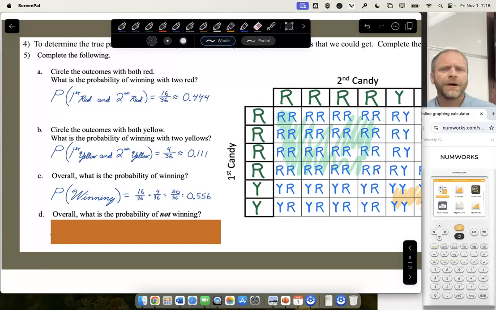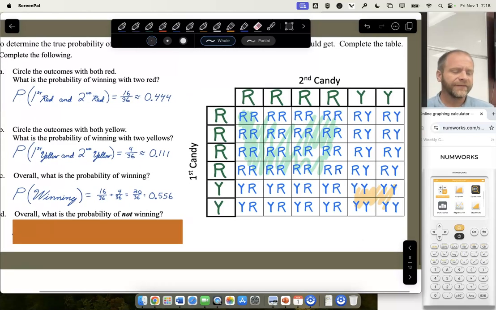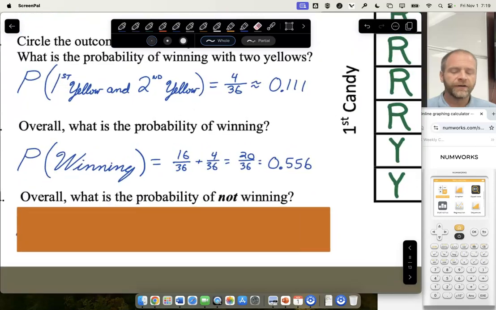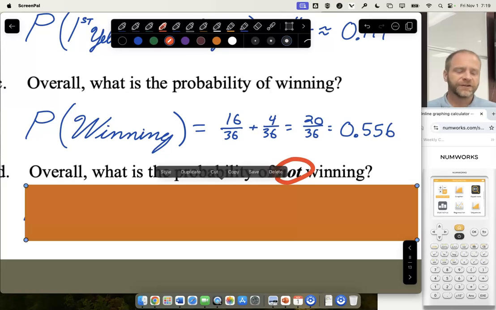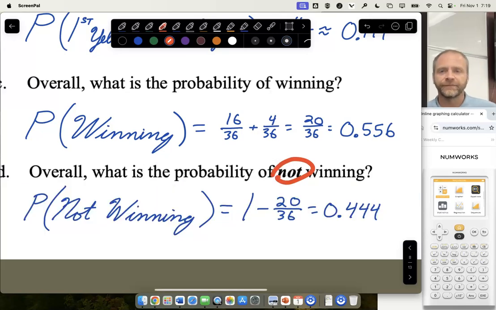Now, what's the probability of me not winning? Again, if I have the diagram, I could count right there. I have a section of 8 close to me, and then on the far side down there, I have another section of 8. So it's going to be 16 out of 36 because I can look at the picture. But the reason we're saying this is because it says the word not. Not winning, which we introduced a little bit before, is the complement.